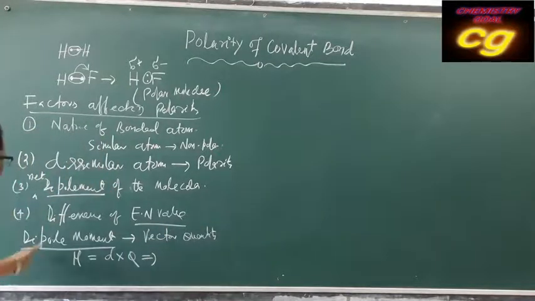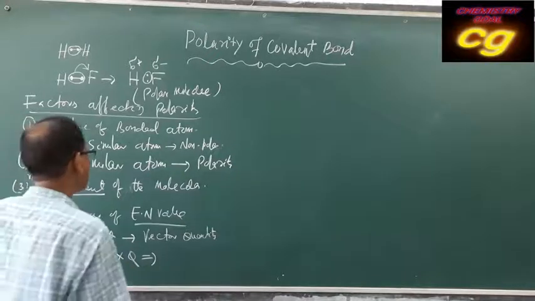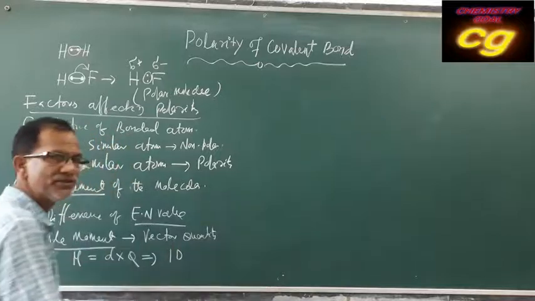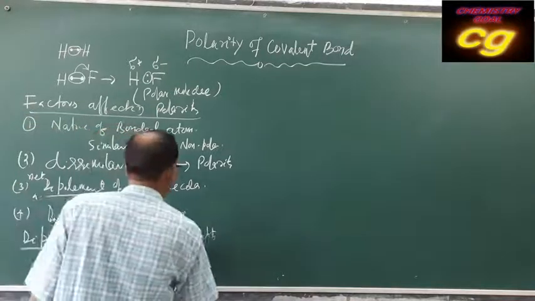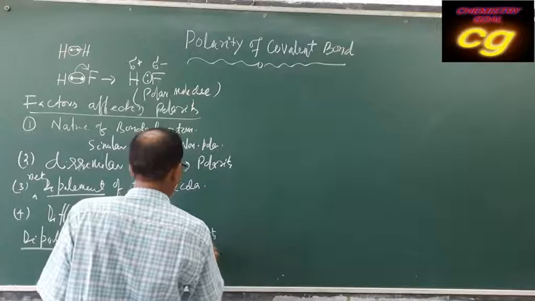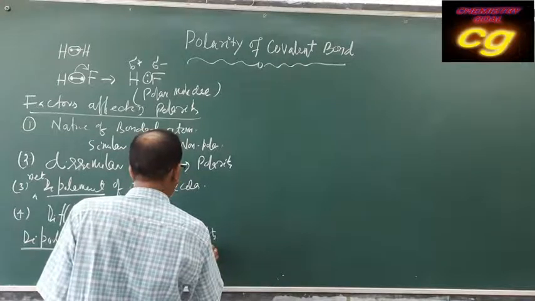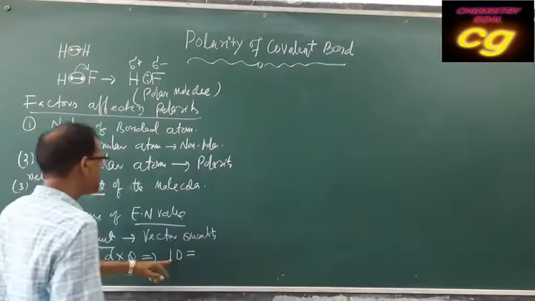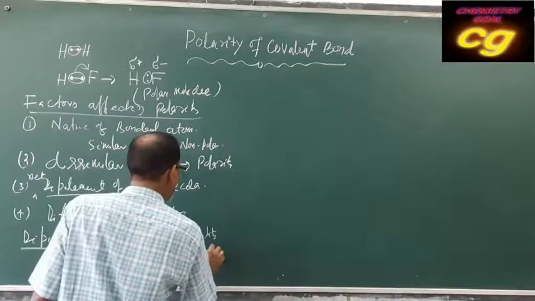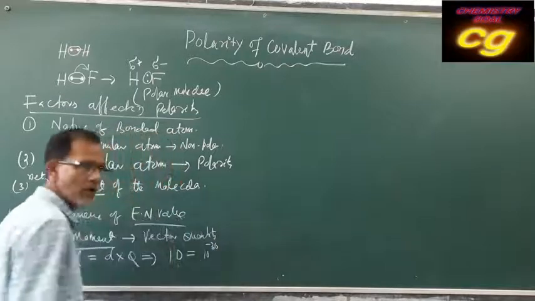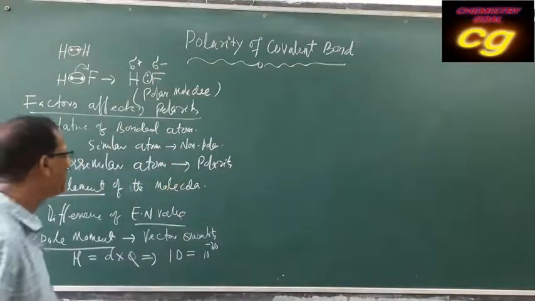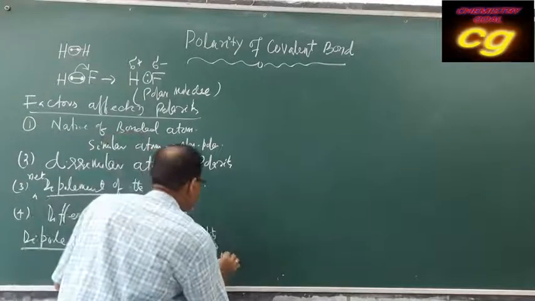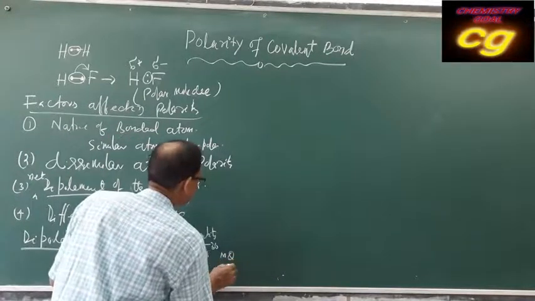Generally the unit of dipole moment is the Debye, that is 1 D. 1 D is approximately 10 to the power minus 30, that is d into q, where d means meter and q means coulomb.